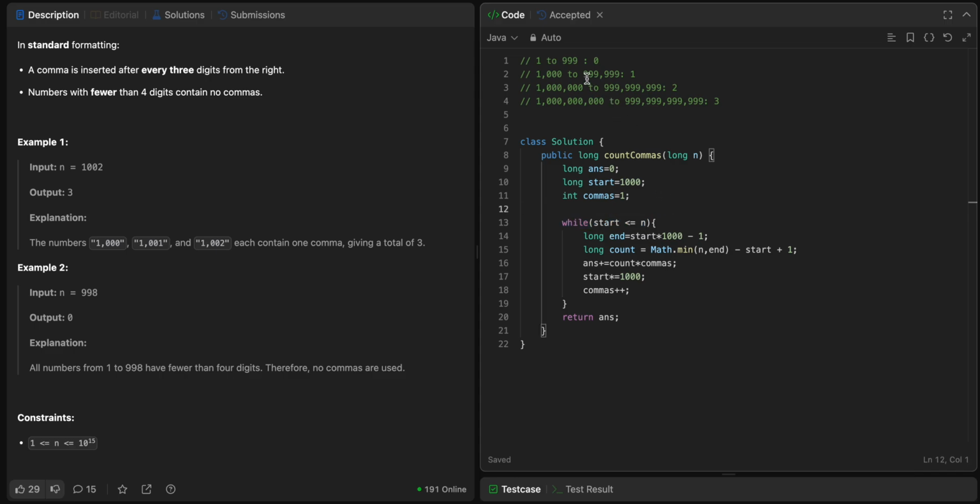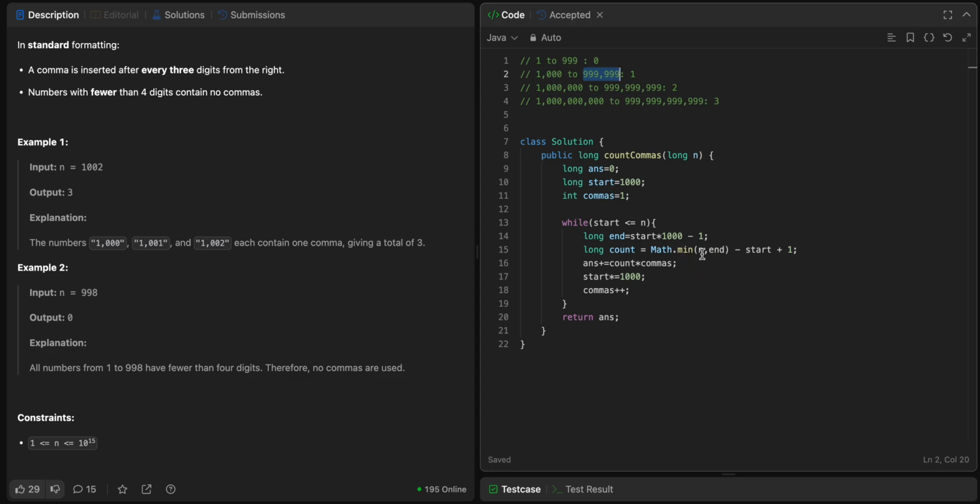Now we have to calculate the end for the first iteration. How can we calculate it? Start times 1000 minus 1, which will give us this. Now we have start and we have end. Can we count the numbers? How? We can take the min of n and end, whichever is smaller.